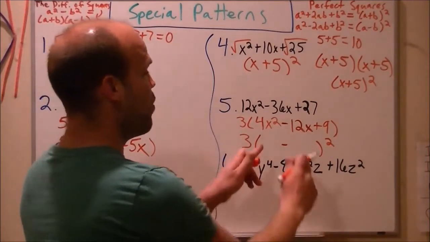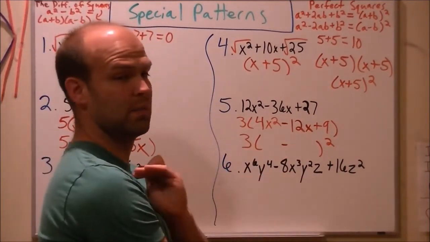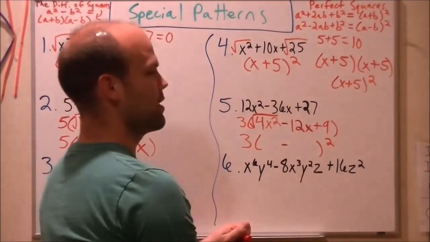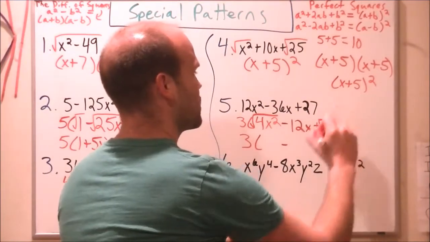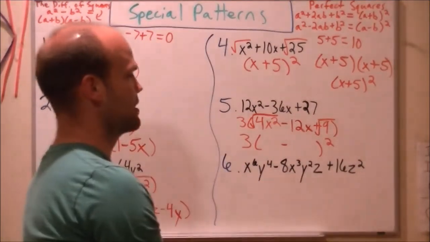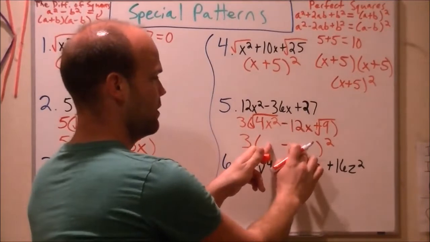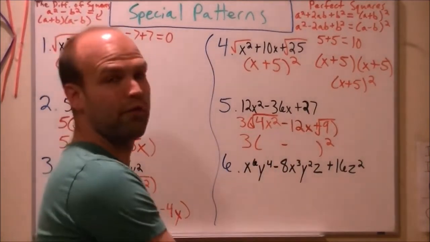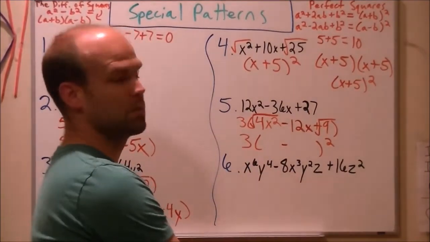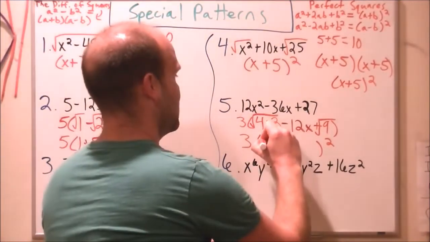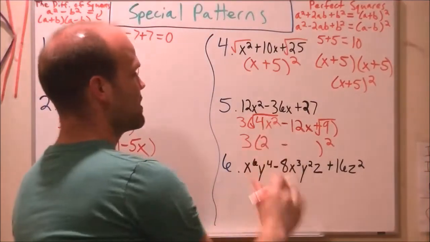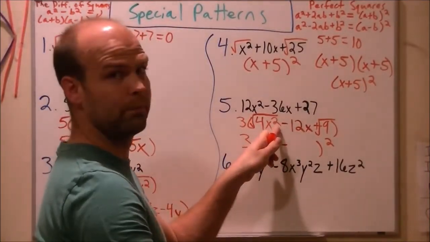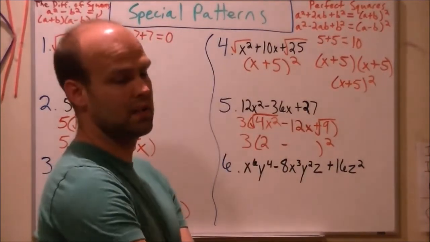And guys, to figure out what goes in those two spots, listen to me, this is all that you have to do. Just square root the first term and square root the last, or third, term. The first term goes there, the last term goes right there. Okay, what's the square root of 4? Or what times itself gets me to the number 4? That's the number 2. Now what's the square root of x squared? Remember, that means I take the exponent of the variable and divide it by 2.